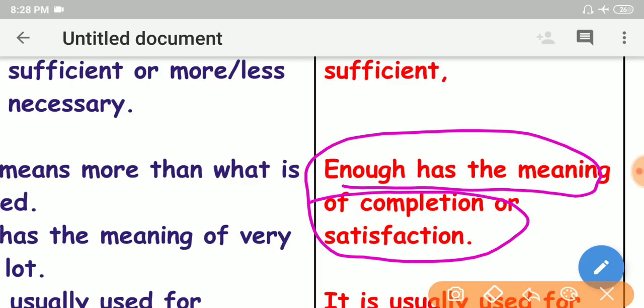For example, we can frame an example: I have enough time to write the exam. Means I have complete time to write the exam. At the same time, satisfaction: I have enough money to pay the bill. So here enough is used for complete satisfaction, sufficient, again completion.